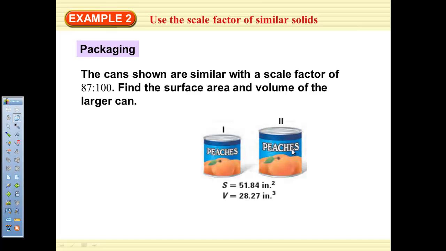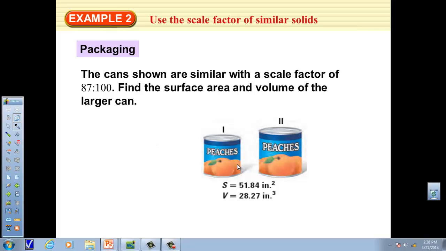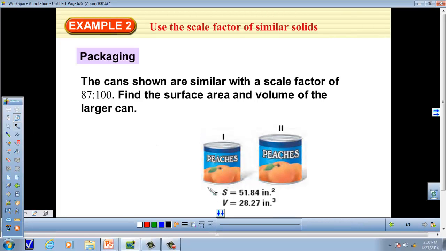Here are two cans of peaches. We have the surface areas and we have the volumes. We know that the scale factor is 87 to 100. We want to find the scale factor and volume for the larger can when the scale factor and volume for the smaller can are here. So our scale factor is 87 over 100.